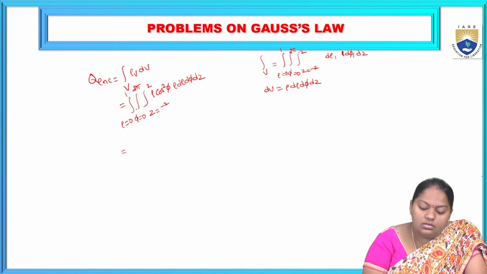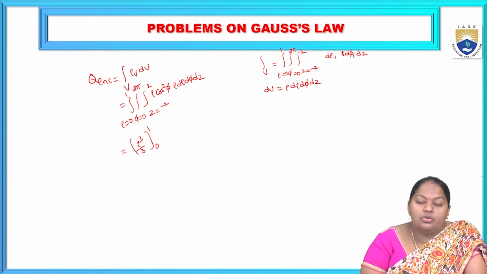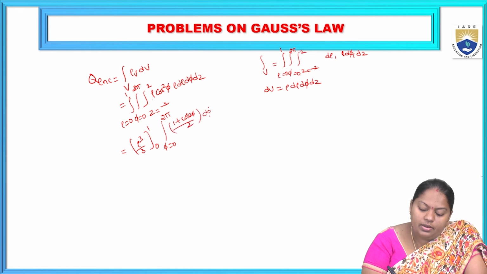Then we integrate with respect to the separate variables like this. Rho into rho becomes rho square. If you are integrating rho square, then rho cube by 3 is obtained, with limits ranging from 0 to 1. And for cos square phi, we write the integral from phi = 0 to 2 pi, where cos square phi means (1 + cos 2 phi) by 2, into d phi.